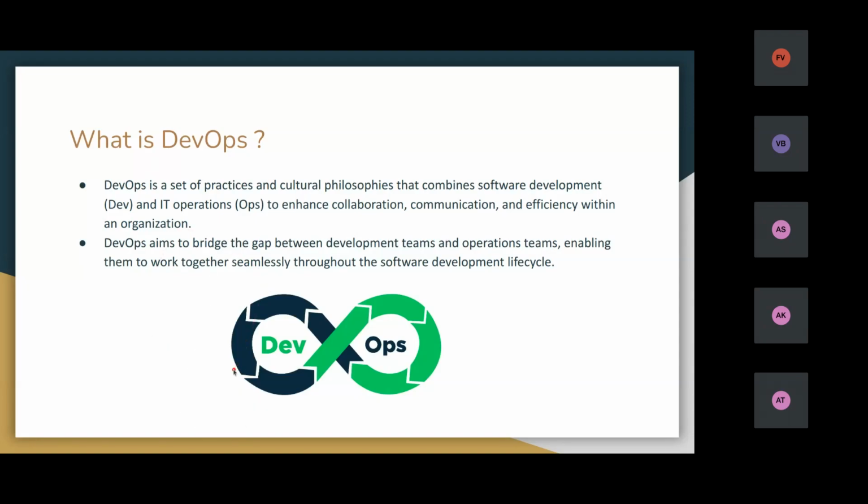DevOps mainly aims to bridge the gap between the development team and operations team, because earlier there was a very huge gap between them. What was done was the development team would develop the application, and they would not give proper communication to the operations team on how to run the product, what the system requirements of the product are, and what all packages they need to install to successfully run the product.